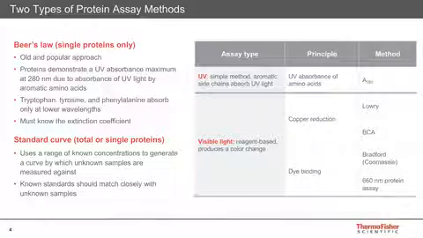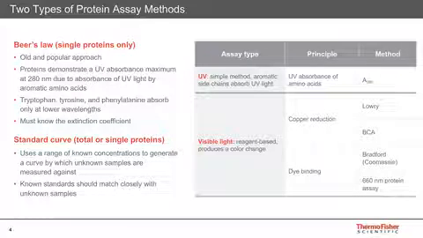There are two ways to determine concentration of proteins. One is an old approach which is based on Beer's law. Now, due to the presence of aromatic amino acids such as tryptophan, tyrosine, phenylalanine, proteins demonstrate an absorbance at 280 nanometers.